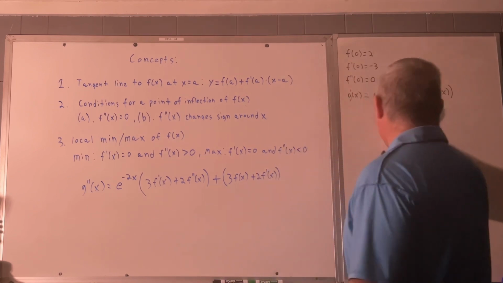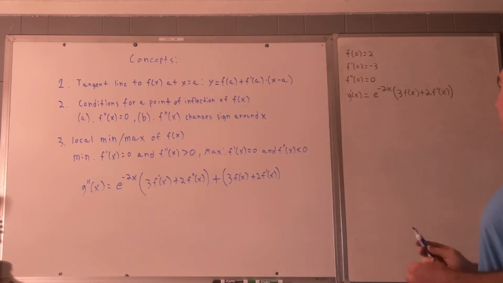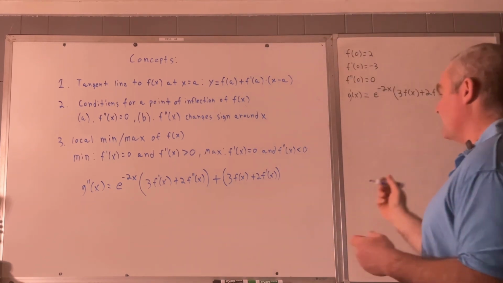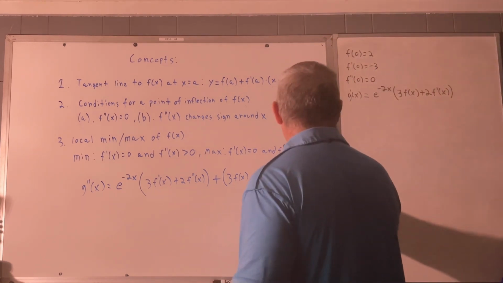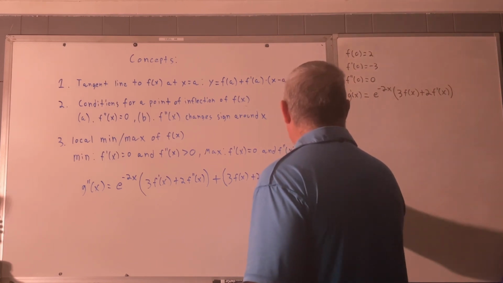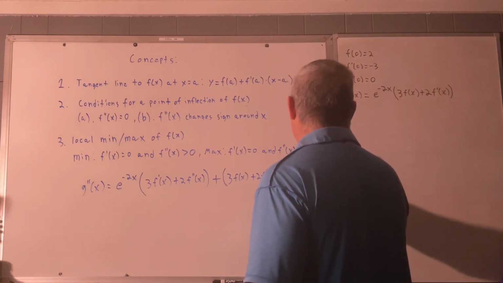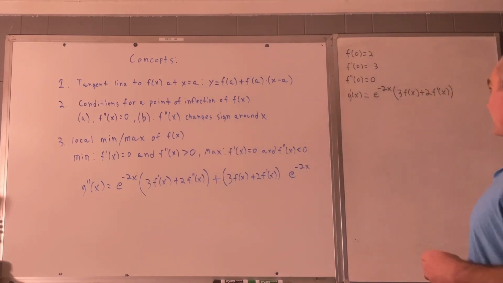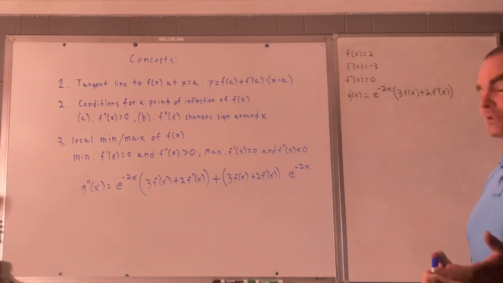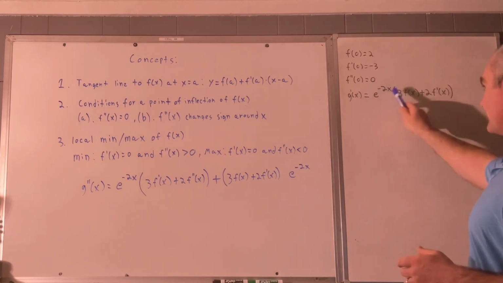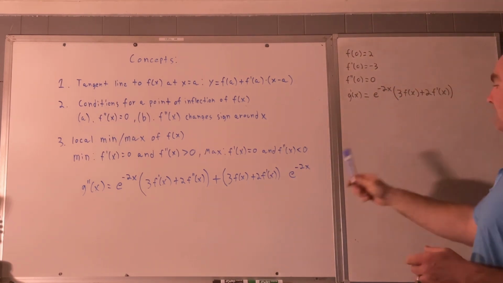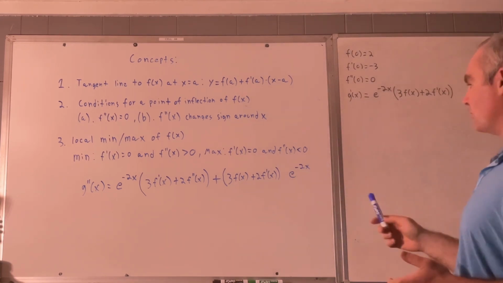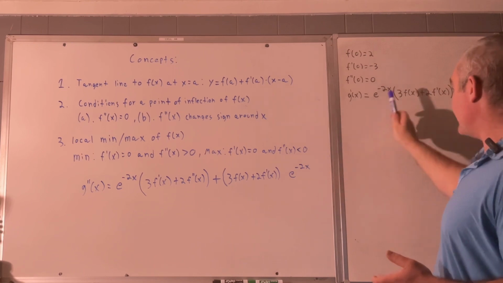The derivative of our first function, this is going to be a chain rule. This is the derivative of e to the something, which is always, you always end up getting that something back. So it's going to be e to the negative 2x. If you have e raised to the something, or technically anything raised to the something, if that something is a function of x, you're going to get it back. In other words, this is e to the negative 2x, but don't forget the chain rule. The chain rule says it is the derivative of the outer function.